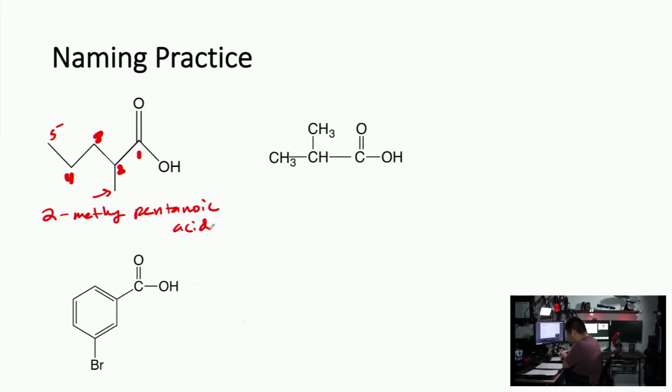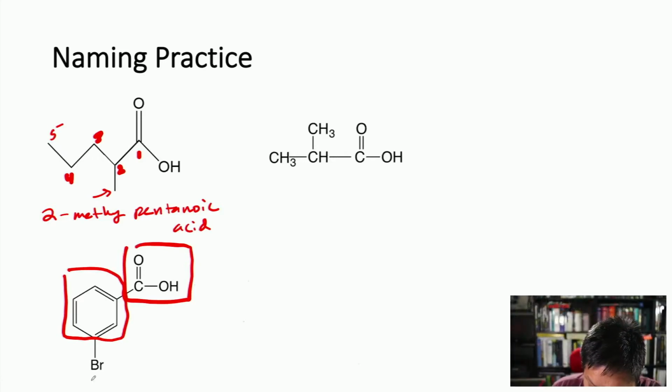Next one, we have a benzoic acid here. We already know it's a benzoic acid because remember that this part is called the benzene, and here's the carboxylic acid. Put it together, you have a benzoic acid. You have a bromine coming off the ring right there, so you have to name it by the number carbon it is on the ring. So 1, 2, 3, 4, 5, 6.